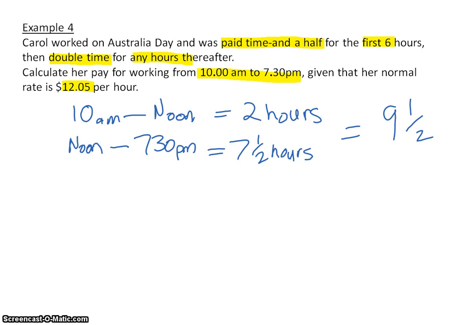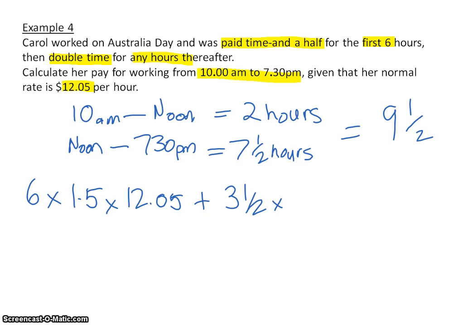Now for the first 6 hours, she earns time and a half, so 1.5 times her normal pay rate. Then for any hours she works after that, in this case 3.5, times her normal pay rate times 2, because it's double time.